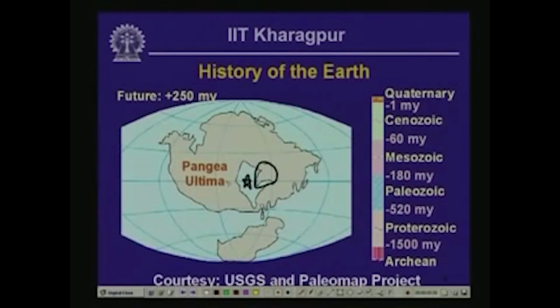So what you see here is that over geologic history, several different continents collide with each other, then break apart and coalesce again at new converging boundaries.